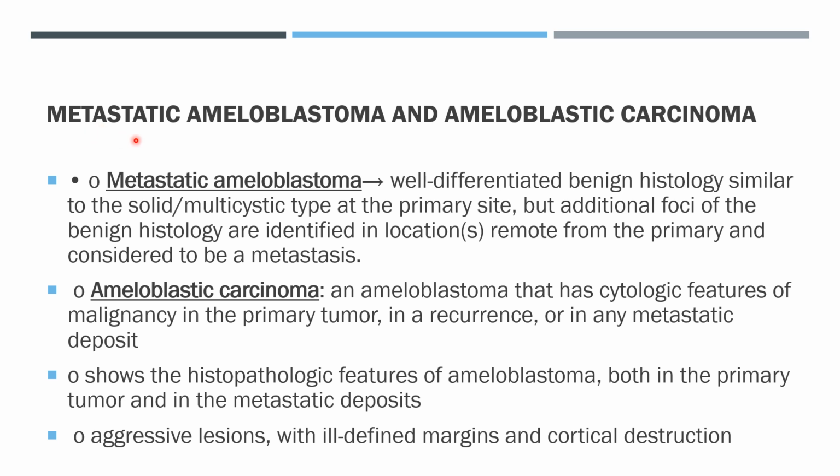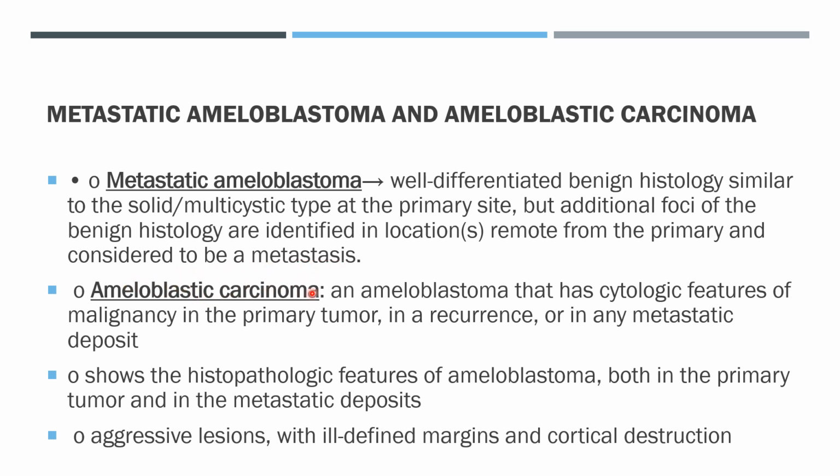So, metastatic ameloblastoma or ameloblastic carcinoma. Coming to the metastatic ameloblastoma, it is well-differentiated and benign, histologically similar to the solid or multicystic type at the primary site, but additional foci of benign histology are identified in locations remote from the primary and considered to be a metastasis.